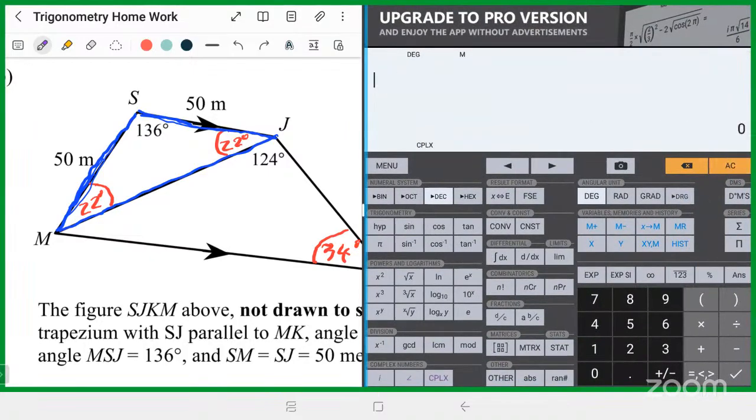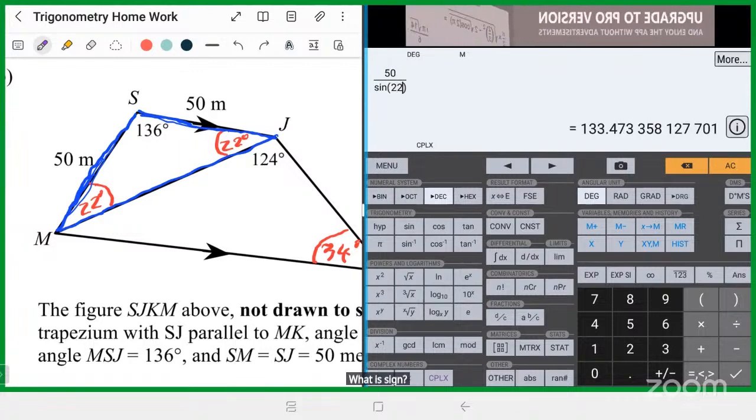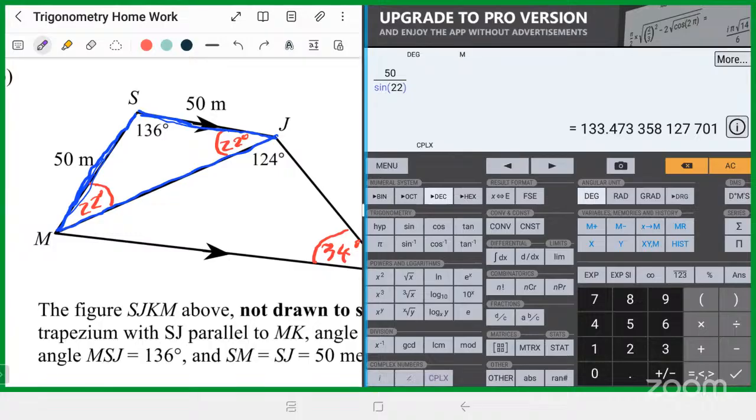Alright, let's see. A fraction, 50 over the sine of 22, times the sine of 136. I get 101.